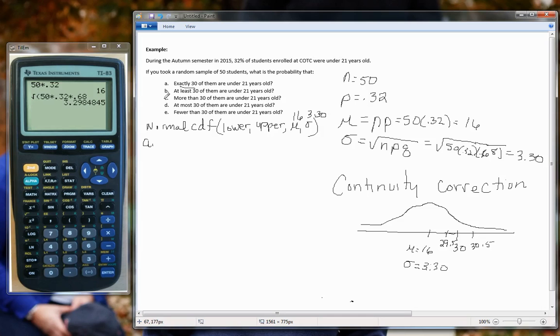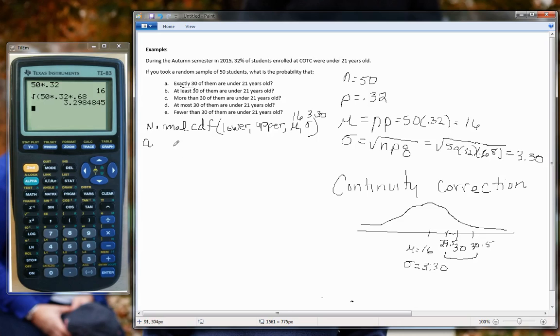The important thing for A through E is what our upper and lower values are. So we'll write those down, and then we'll use the calculator to actually find our probability. So when we want exactly 30 students, we can't just say 30 because remember exactly on any normal is 0 probability. So we're going to go between 29.5 and 30.5.